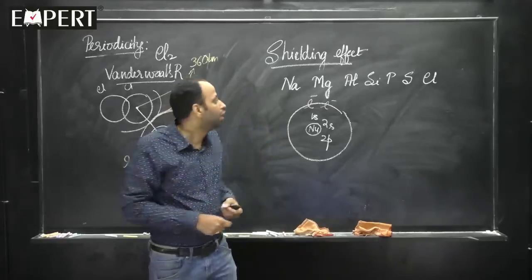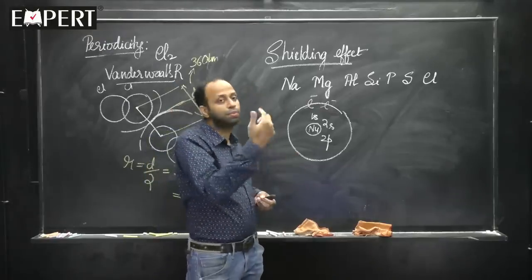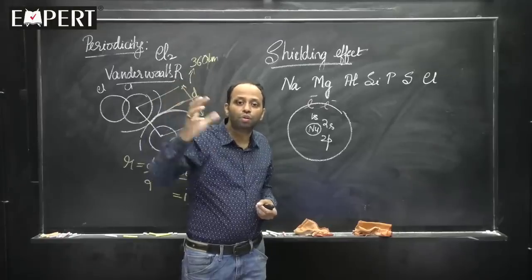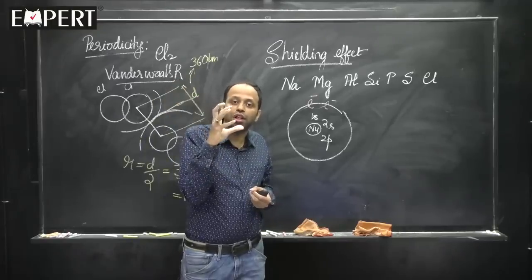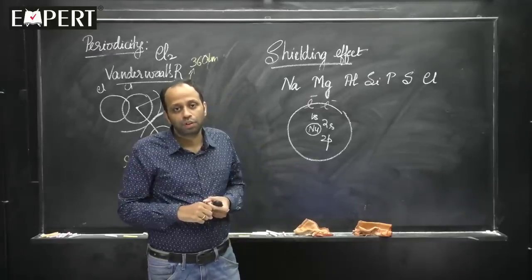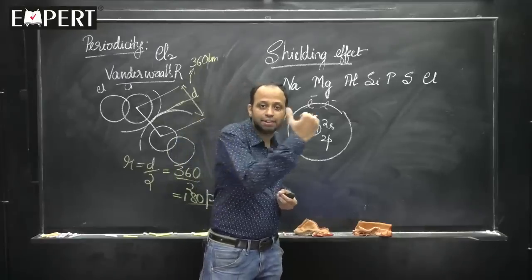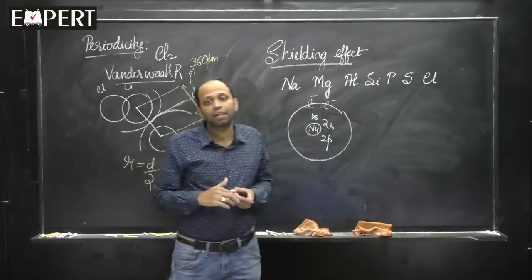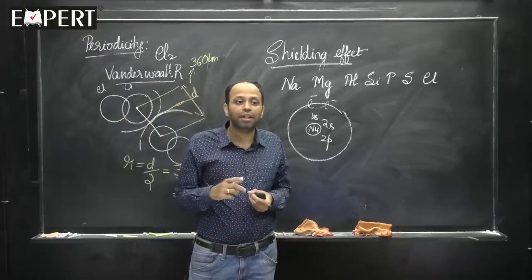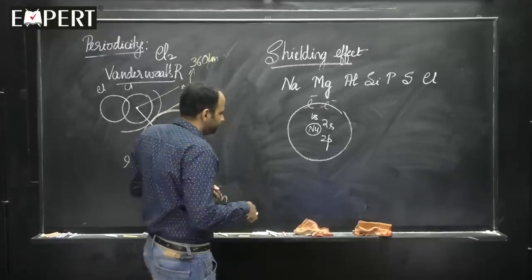When you go from sodium to magnesium, aluminium, silicon, phosphorus, sulfur, chlorine, the electrons will come closer and closer to the nucleus. So, the atomic radius goes on decreasing when moving across the period. Remember this, atomic radius decreases when we move across the period.